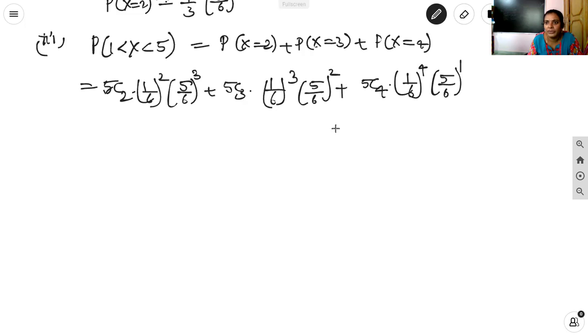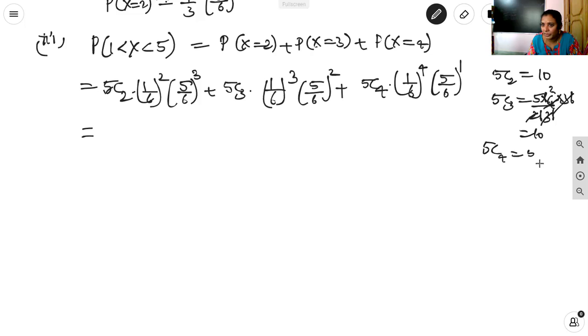It is equal to, 5c2 value is 10. We already found that one. 5c3 equal to 5 factorial by 2 factorial into 3 factorial, that is also 10 only. 5c4 is 5 factorial by 4 factorial, the factorial cancels, it's 5.